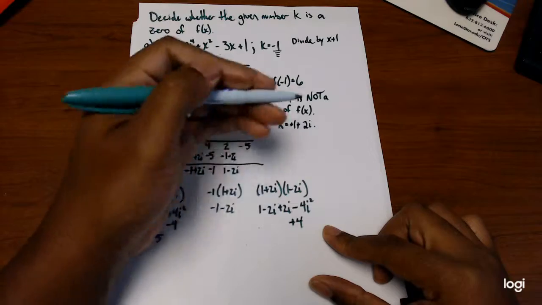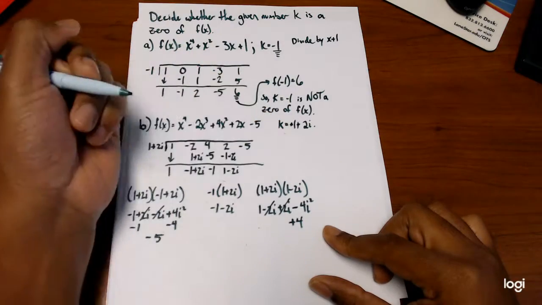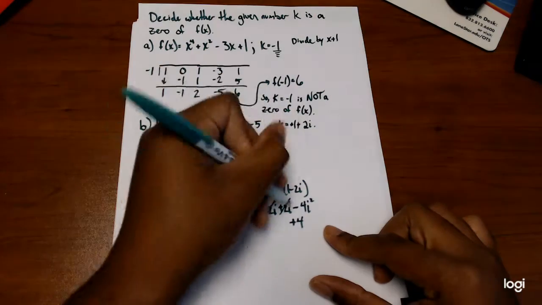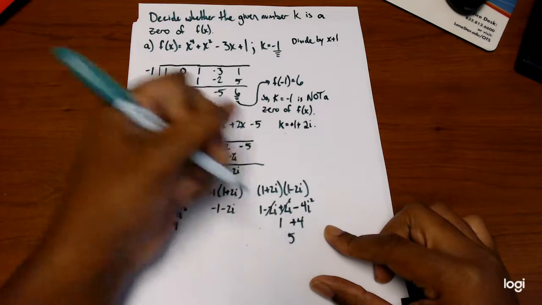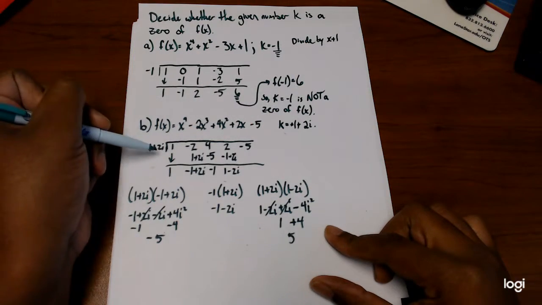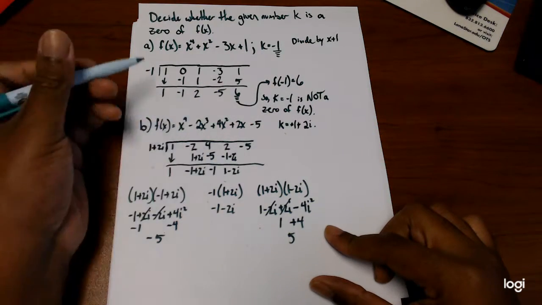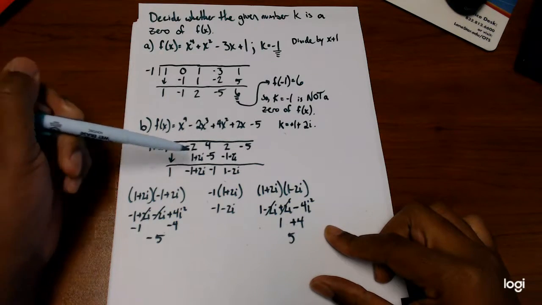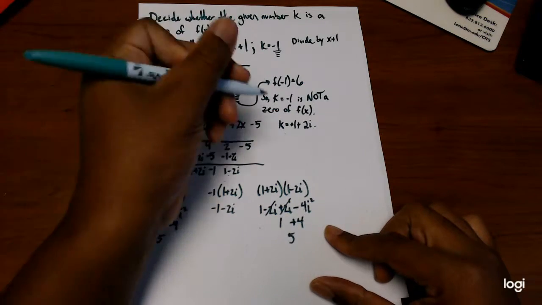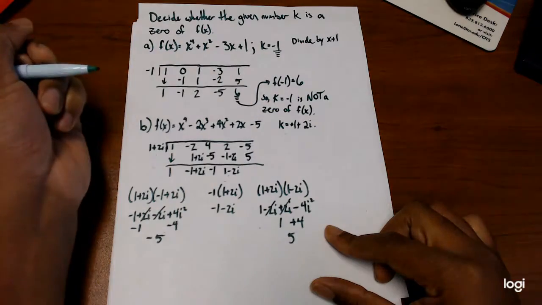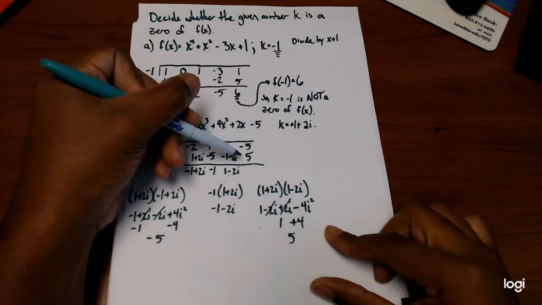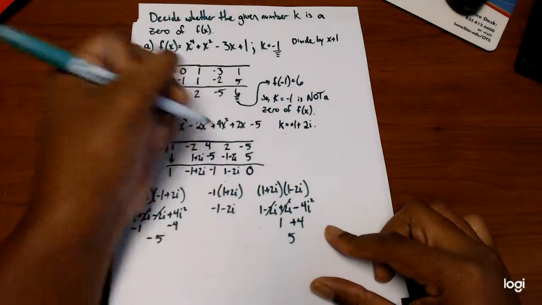Negative 2i and positive 2i cancel. And we have 1 plus 4, which is 5. So the product of these two numbers, this one and this one, is a 5. And so negative 5 plus 5 is a 0.